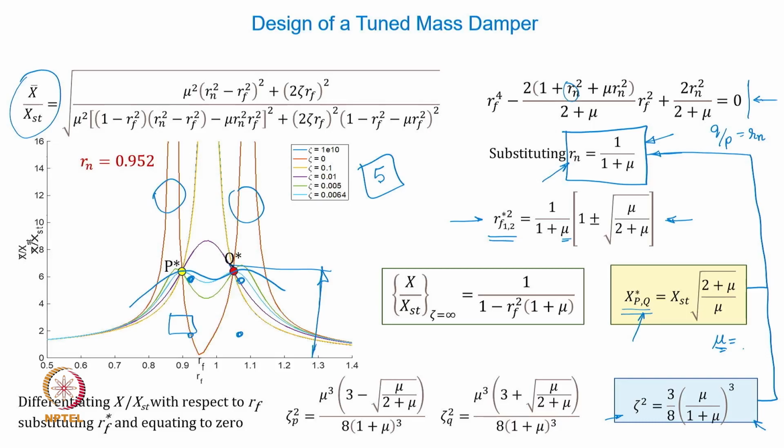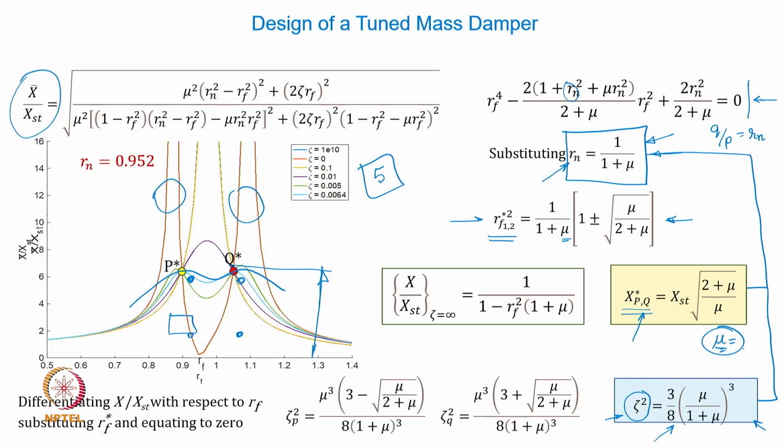And then you can choose either K1 or M1, and based on that you can design your absorber. And we know that it is not sufficient to do it that way, but to also ensure an appropriate damping ratio so that the graph passes through P and Q with zero slope. Because we have already decided on the value of mu, it's just a simple straightforward substitution of mu into the expression of damping ratio to get an appropriate value of optimized damping.